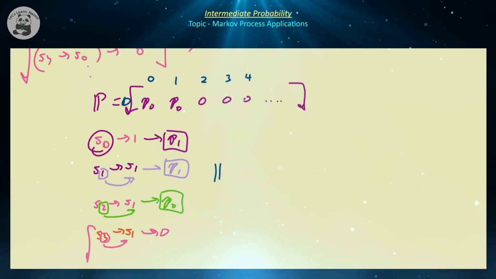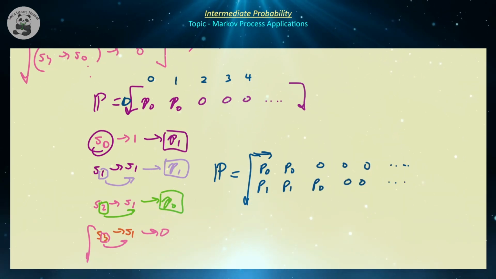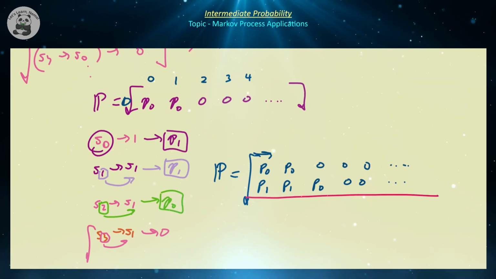So once we take a look at our stochastic matrix P, what are we going to have? We have P0, P0, 0, 0, 0 on row 1, and that's going to continue indefinitely that way. Then we're going to have P1, P1, P0, 0, 0, and so on. You might want to pause this video and think about what the rest of this matrix would look like.